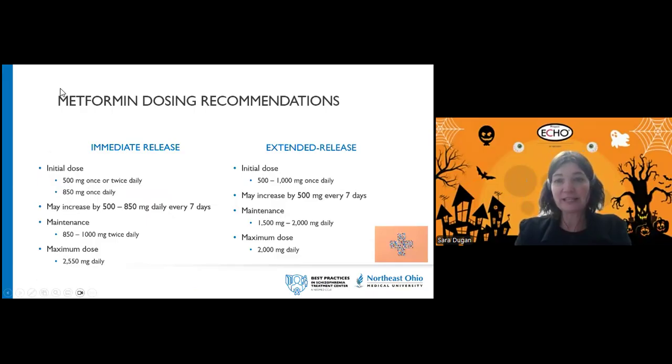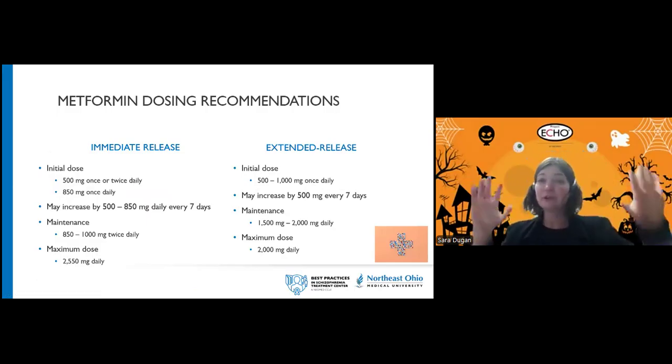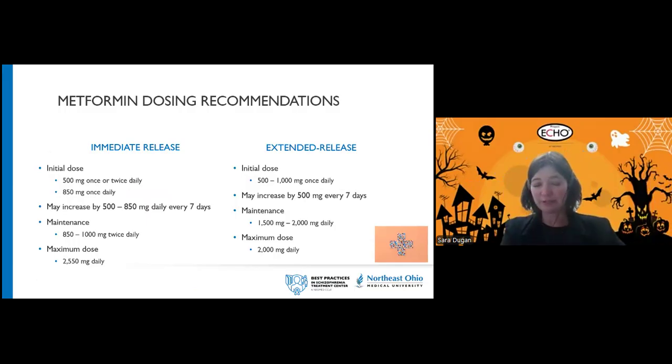All right, so if we decide that we're going to use this product, looking at our dosing recommendations, for the most part, we can start the same, regardless of if the treatment is for type 2 diabetes or if it's for antipsychotic-induced weight gain, which is off-label. Starting with the immediate release tablets, 500 milligrams once a day if somebody is worried about some of those adverse effects.